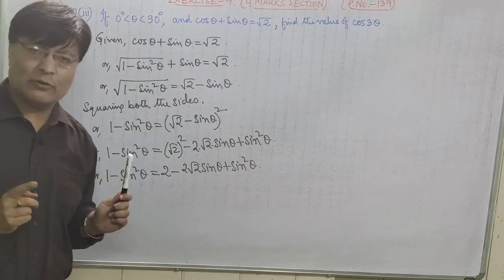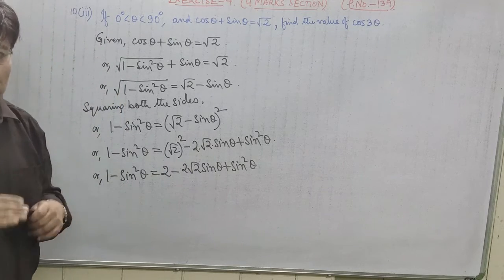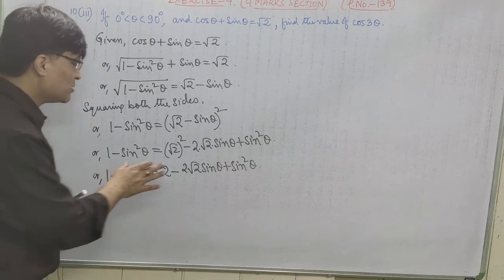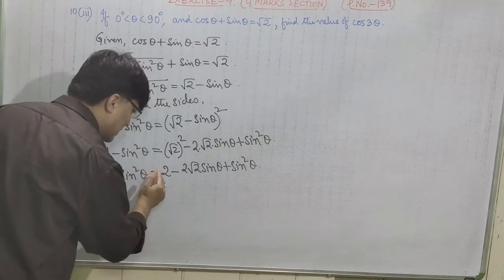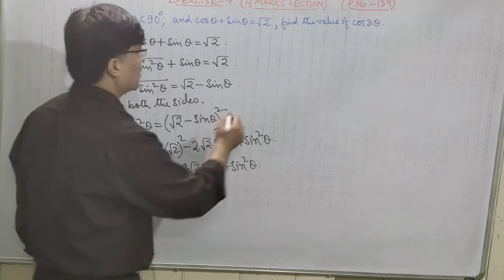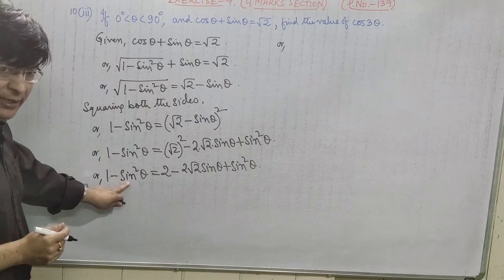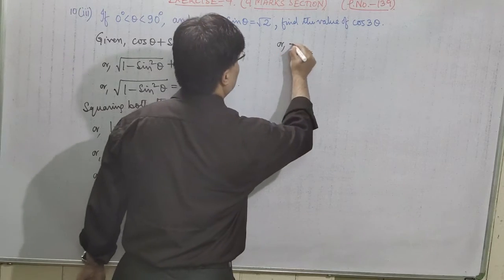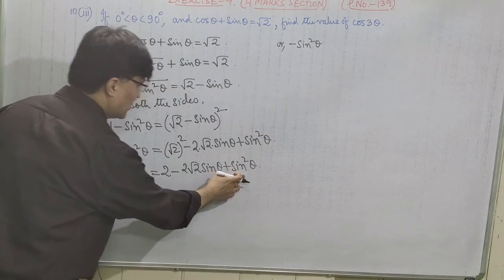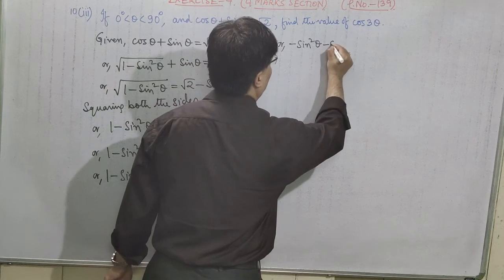Is it clear now? So let us take all the terms to the left hand side, making the right hand side 0. In the next step there is minus sin square theta. Then take this plus sin square theta to the left hand side, it becomes minus sin square theta.